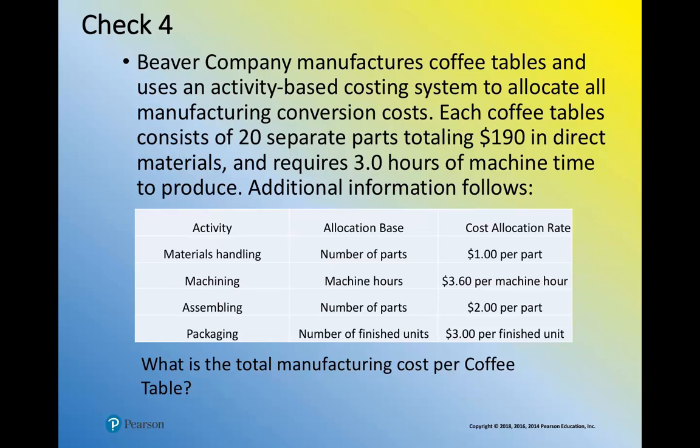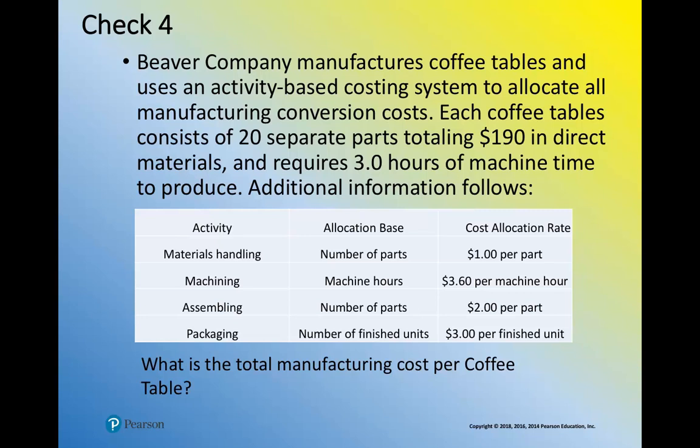It's okay if some activity rates are based off of the same cost driver, we just want to use the right activities. And then just make sure you read the question. If it's asking for total manufacturing cost per coffee table like it is here, make sure you add in your direct material, your direct labor, and your manufacturing overhead. Those are our manufacturing costs.